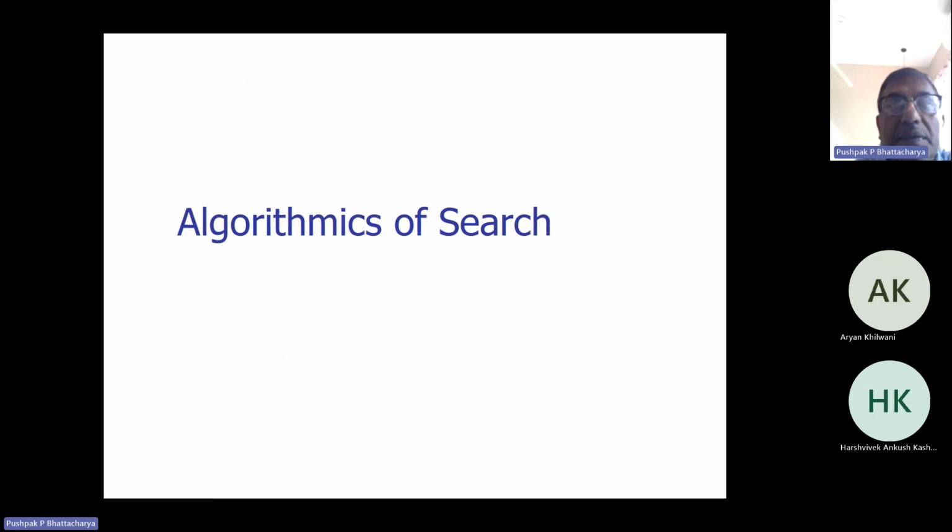I intend to do today two pillars of artificial intelligence. One is the A star algorithm, the other is the perceptron algorithm, from two sides of artificial intelligence. One is symbolic AI, the other is called connectionist AI, neural network based AI. So let's see, time permitting, let us do the algorithmics of search first.